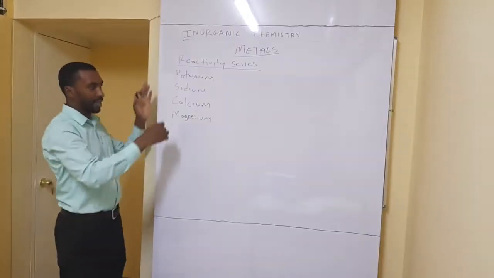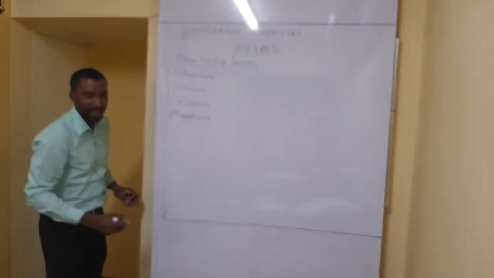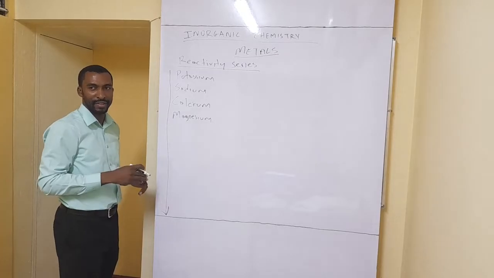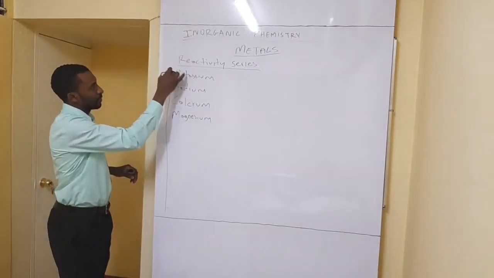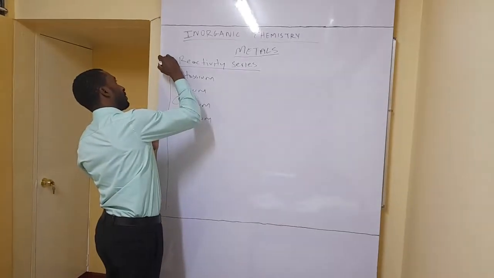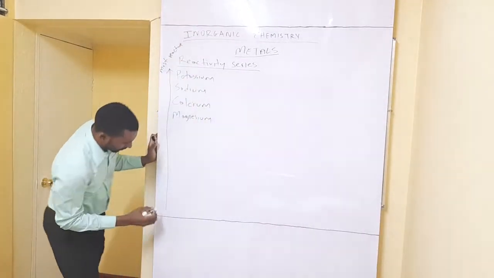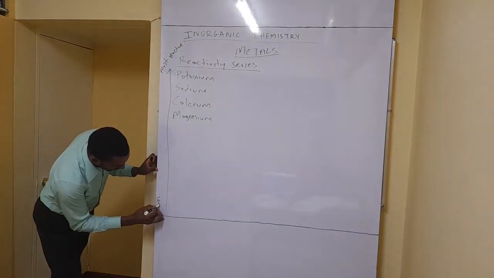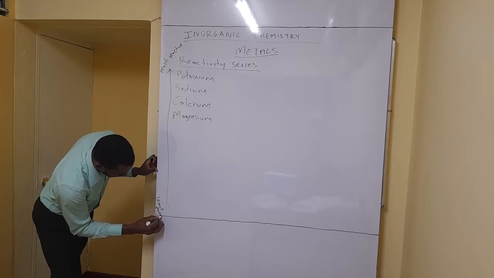Right? So this is the reactivity series. We're going down in terms of decrease in reactivity, sorry. At the top is most reactive, and down here is least reactive.